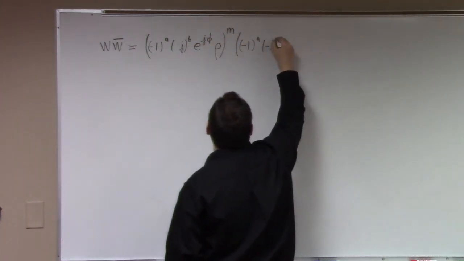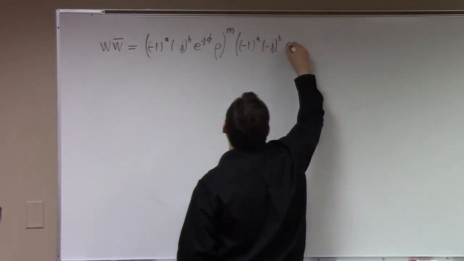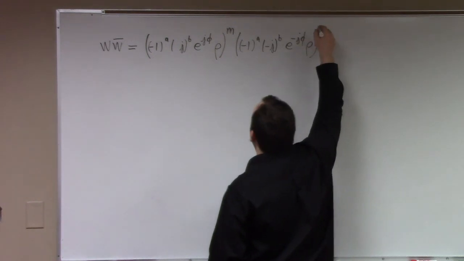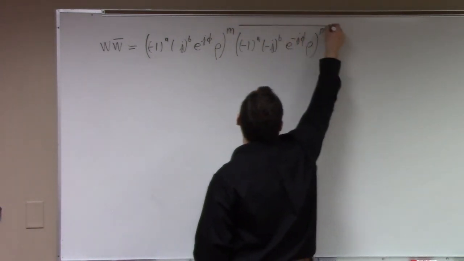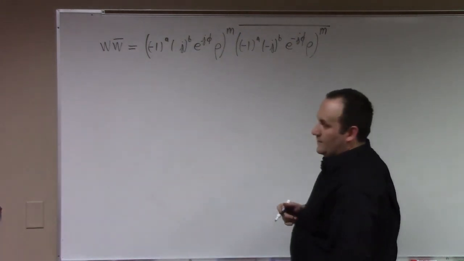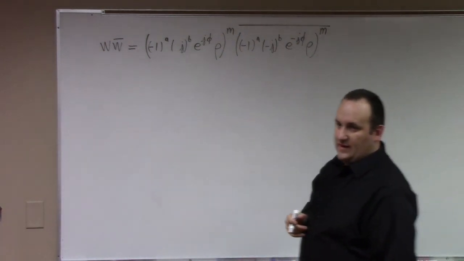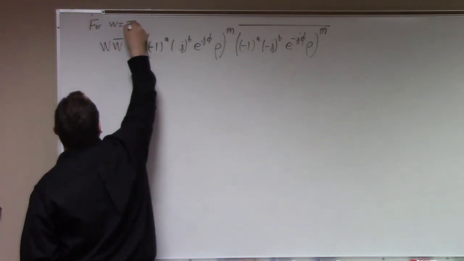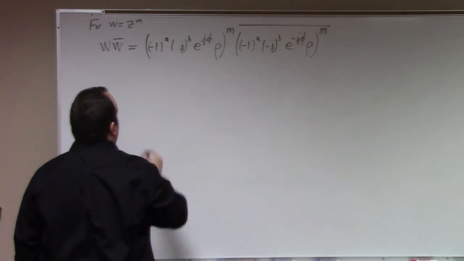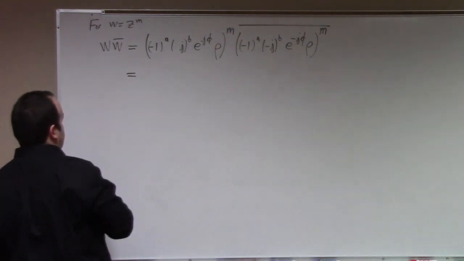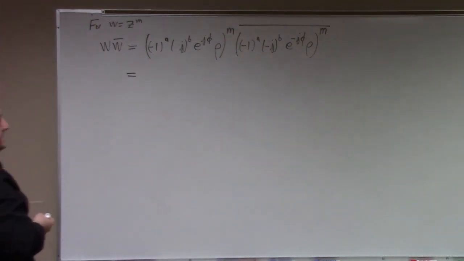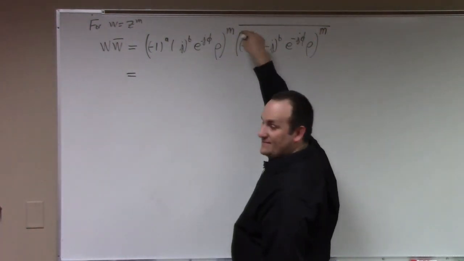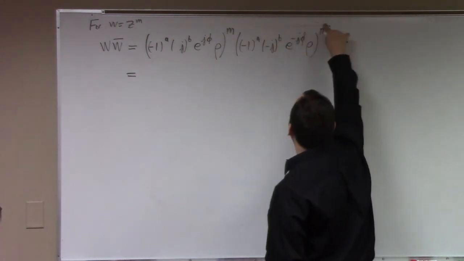Over here, minus j to the b, e to the minus j phi, rho, to the m, conjugate. I'm assuming w is equal to z to the m. And what do we get? Oh, I'm sorry, I already did that, there's no bar here. Sorry.